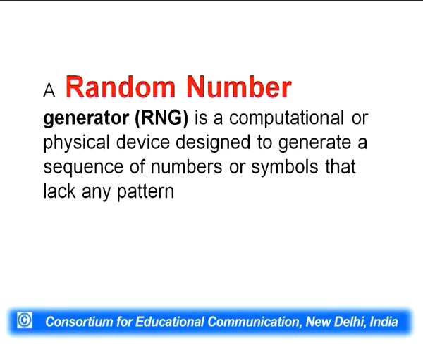So when we are to use random numbers, we must have something that will give us the random numbers. A simple process is to use a generator. This generator will give you random numbers, and it is also called an RNG, random number generator.